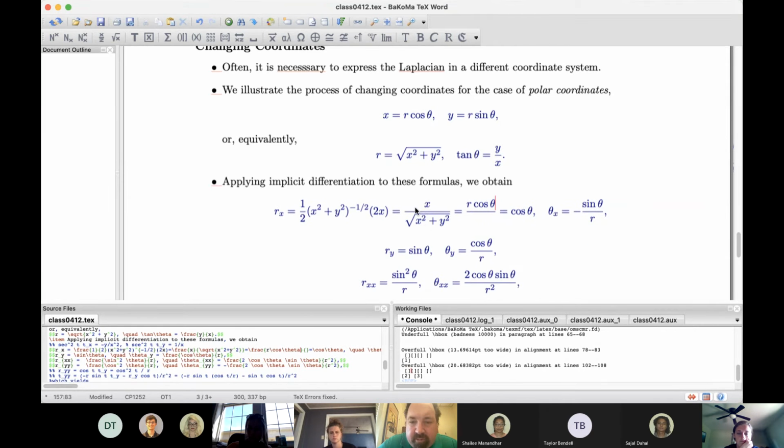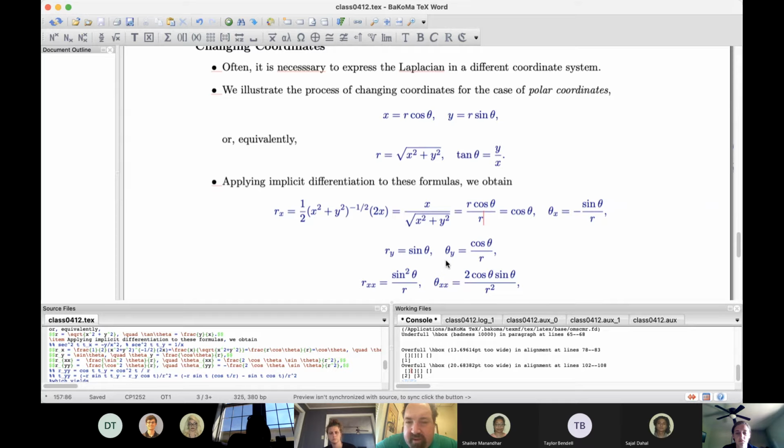And square root of x squared plus y squared, well, that's just r. So that simplifies, then we get dr/dx is cosine theta. Similarly, dr/dy is going to be sine theta. It would all work out exactly the same way, except you'd have a y up here.